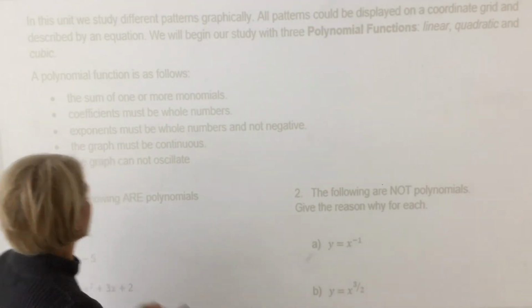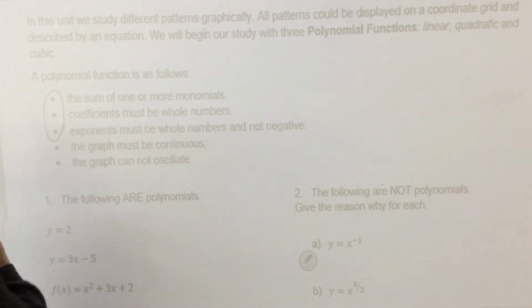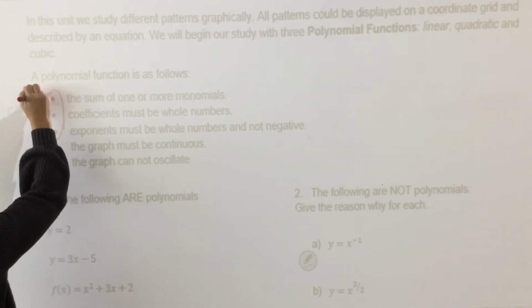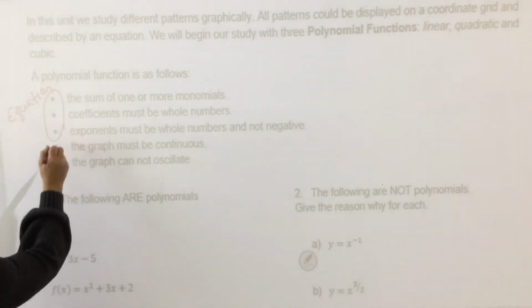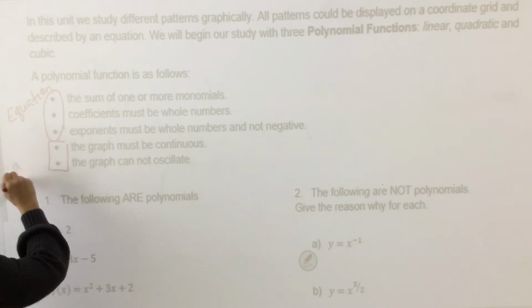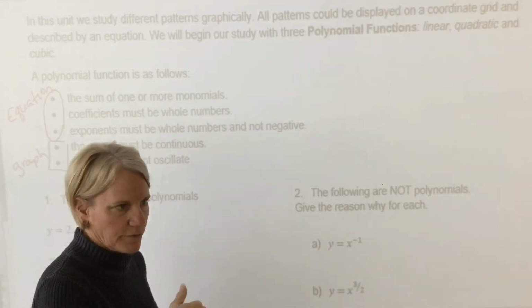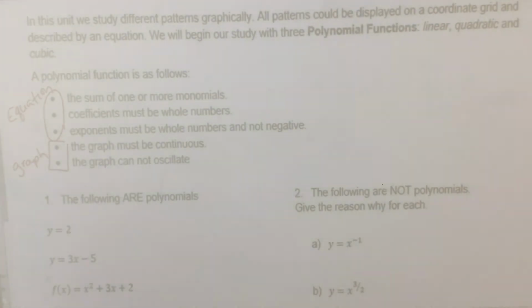The first 3 bullet points are going to allow you to determine if the function is a polynomial from the equation. Okay, so these speak to the equation. The second 2 will speak to the graph, and how do you know graphically with the picture in front of you, how do you know that it's a polynomial?